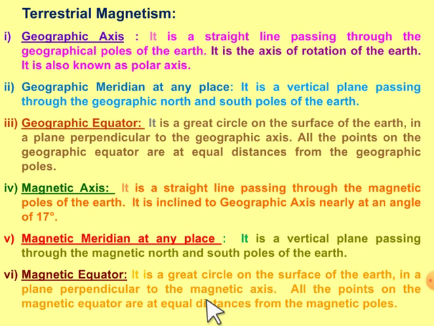Now there are three elements, we call them Earth's magnetic elements. Let's try to learn about that. The first one is what? Declination. The second one is dip or inclination, and the third one is known as the horizontal component of Earth's magnetic field.